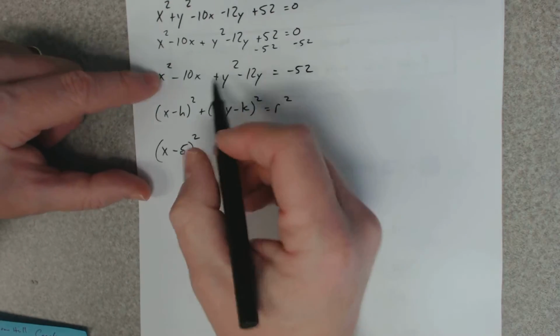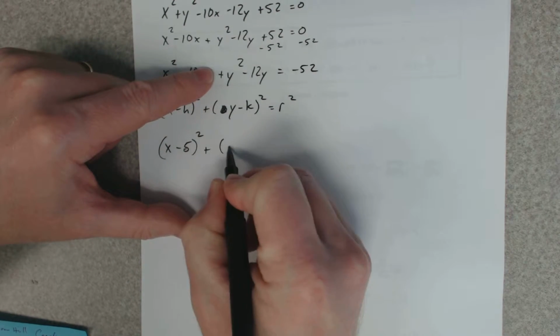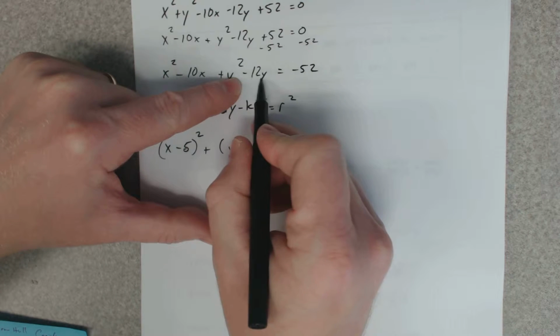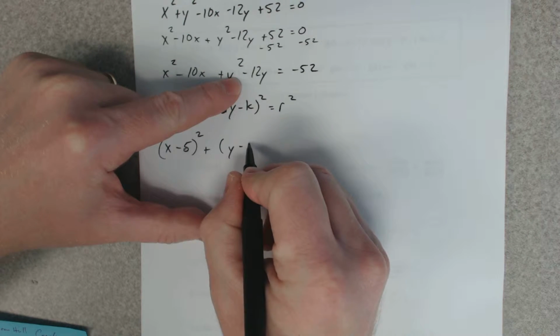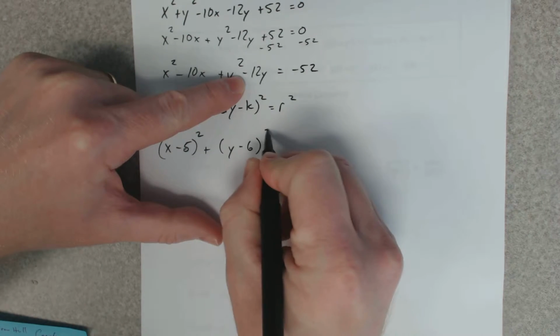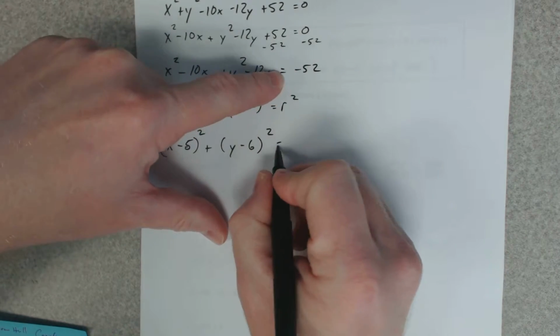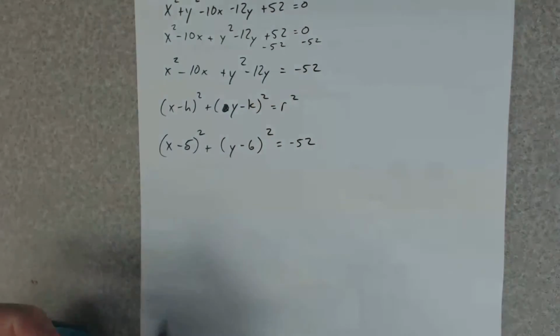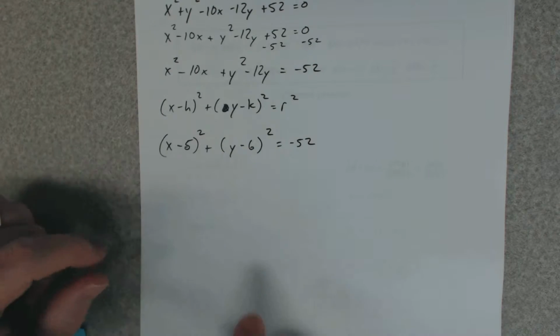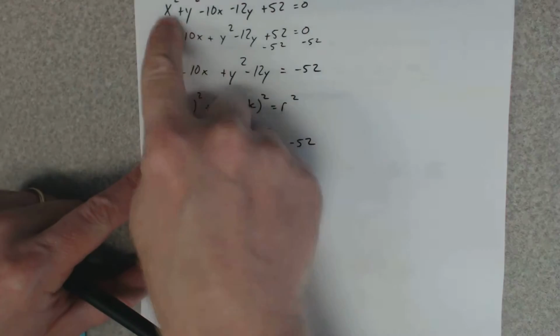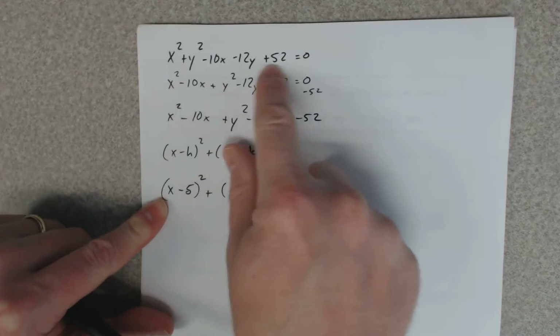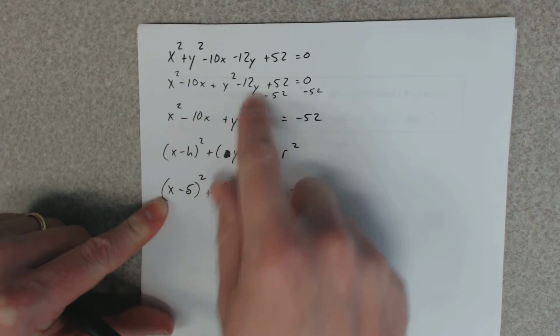All right. And then plus y, and I'm going to take half of this 12. Half of negative 12 would be negative 6 equals negative 52. Now, here's what you've done. That is not exactly the same as what you started with. This needs to be the same as this.